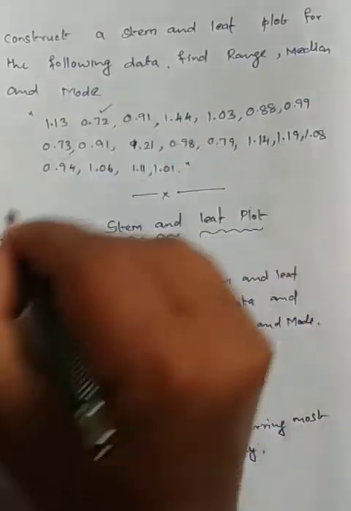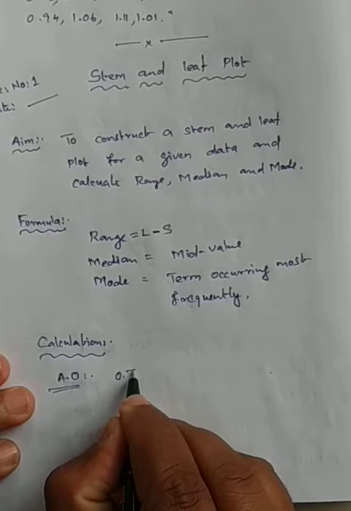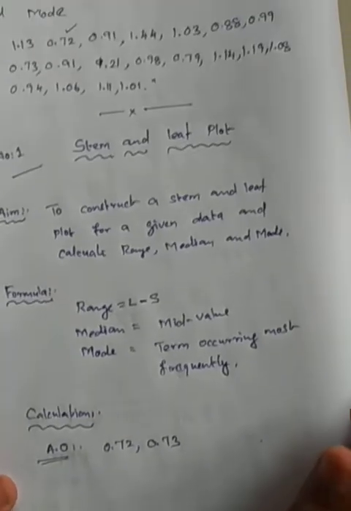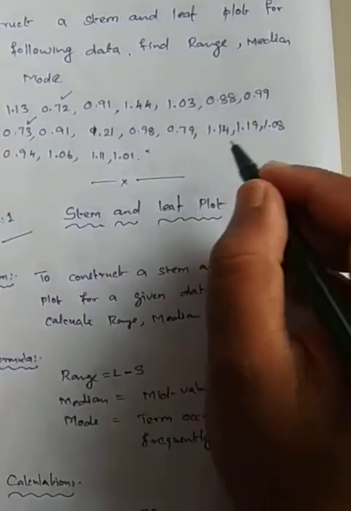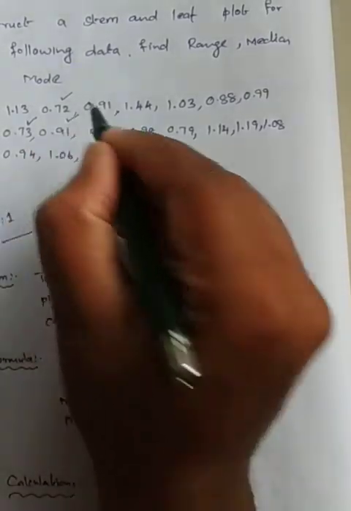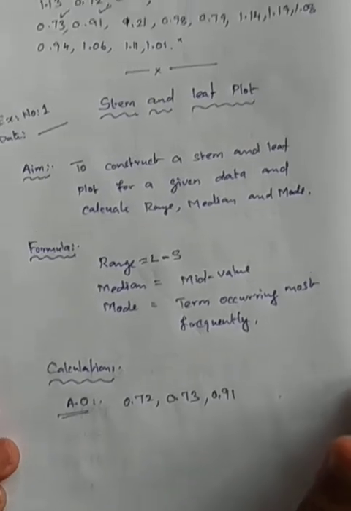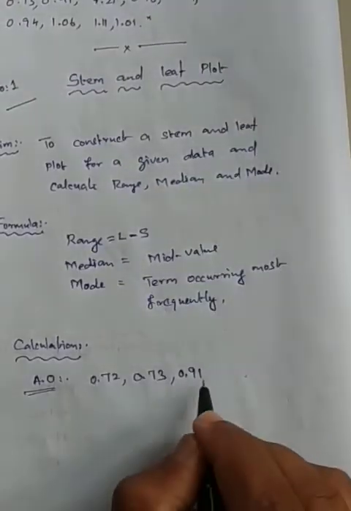Here the smallest value is 0.72. Check, 0.72 is the smallest value, and then 0.73. So we write 0.72, 0.73. The next one, what is coming? 0.73 is over. Then 0.7 is not there. The 9s, you check: 0.91 is there, so you write 0.91 as the next value. The next one again, 0.91 is there, so two more 0.91.